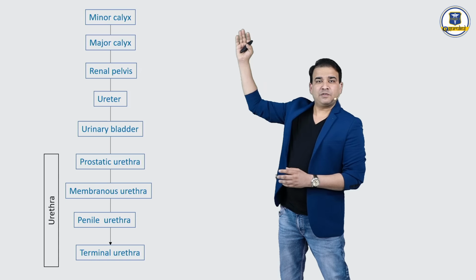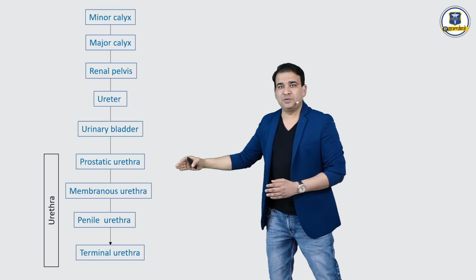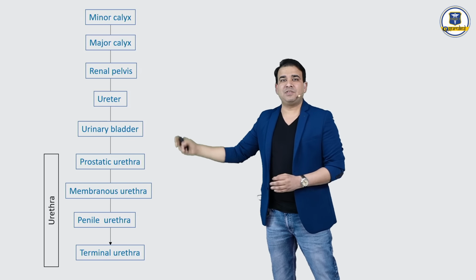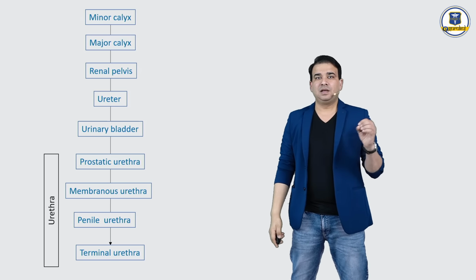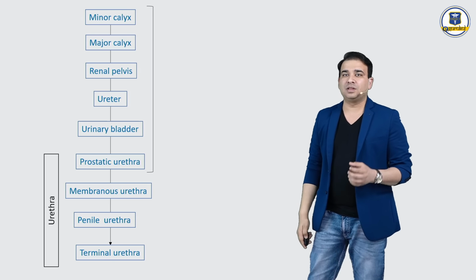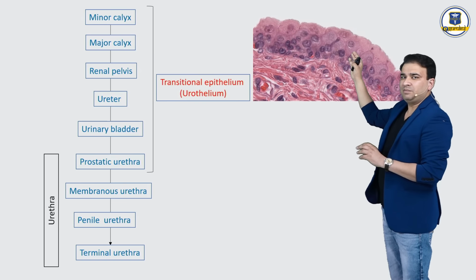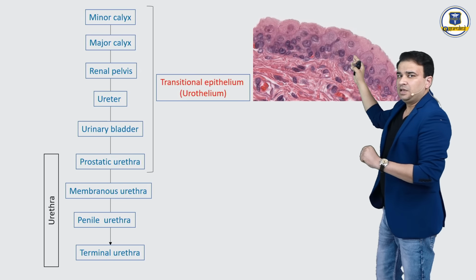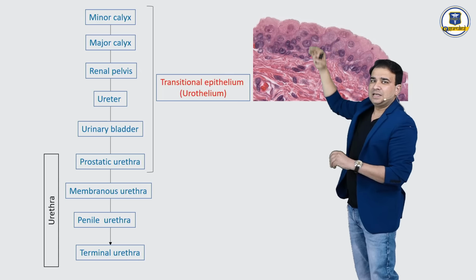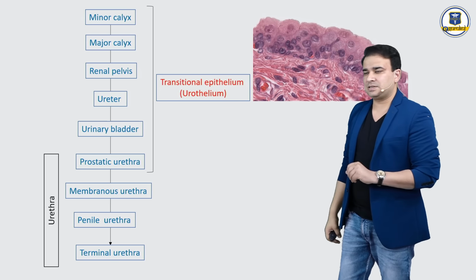Starting all the way from the minor calyx till the proximal urethra, or you can say the prostatic urethra, all this portion has the typical lining epithelium of the urinary tract, that is a transitional epithelium or the urothelium. We already discussed the transitional epithelium, which has the top layer made up of umbrella shaped cells or dome shaped cells, which may be binucleated at certain places.